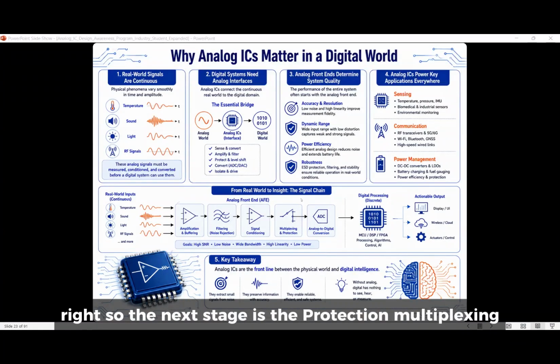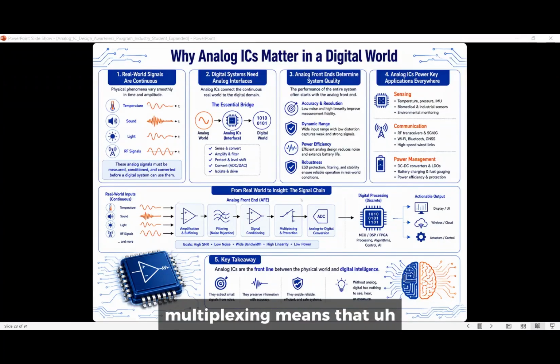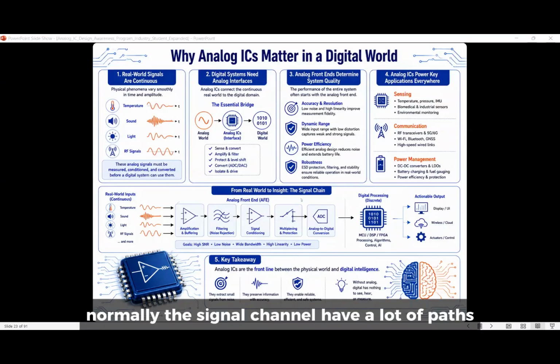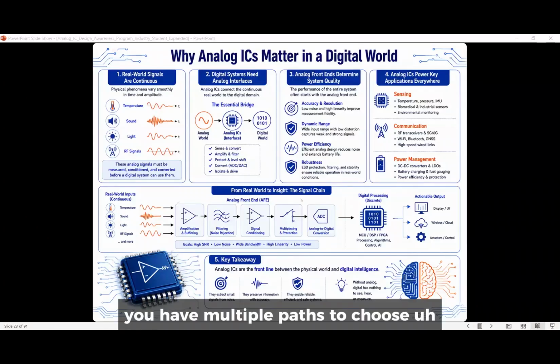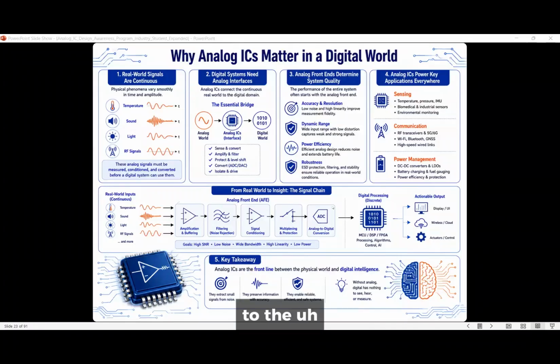The next stage is protection and multiplexing. Multiplexing means that you have multiple paths. Normally the signal chain has lots of paths, not just one. You have multiple paths to choose the signal direction and flow in the signal chain.